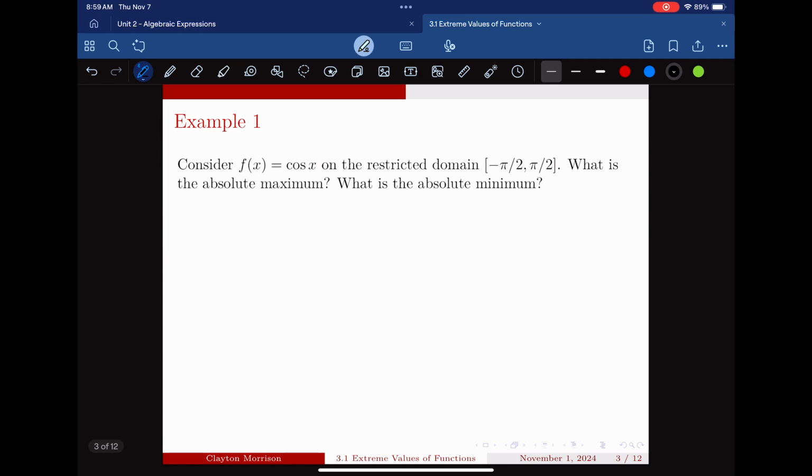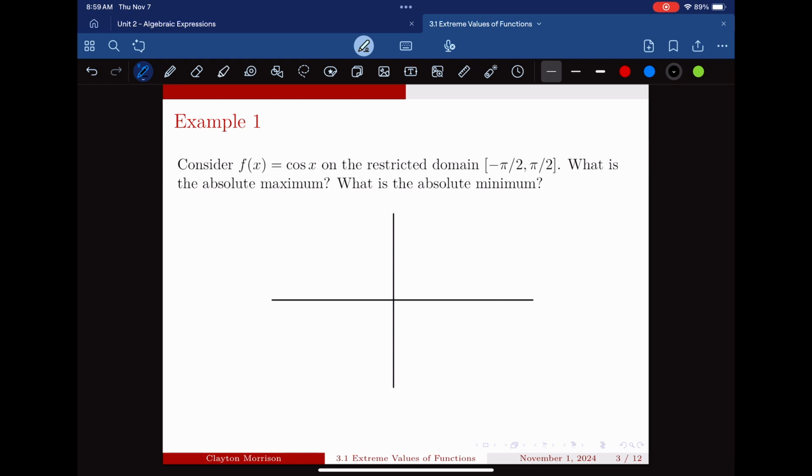So if we've got this function right here, cosine, just cosine, and we're restricting the domain between negative pi over 2 and positive pi over 2, what is the absolute maximum and the absolute minimum? Well, if you remember cosine, let's make a quick graph for it.